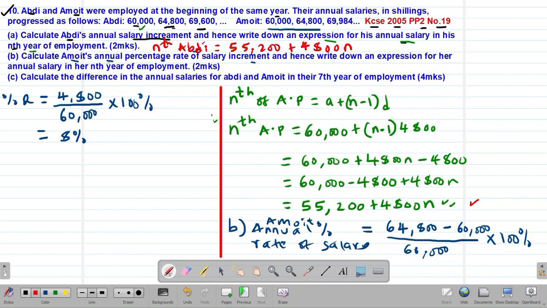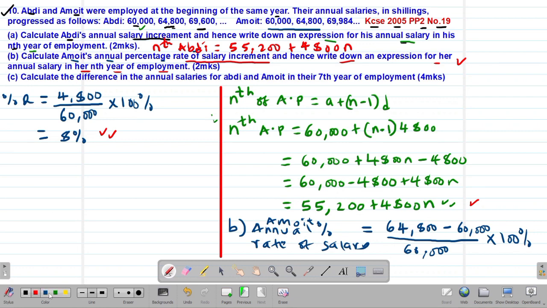We are required to calculate Amoit's annual percentage rate of salary increment, and hence write down an expression for her annual salary in her nth year of employment. So in short, they just want us to find the nth term of this second person called Amoit.